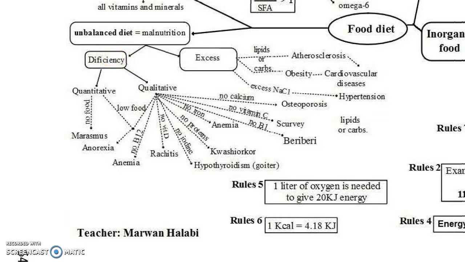The case of deficiency first can affect the quantity of food taken, such as the case of marasmus. Marasmus means no food is taken. In some cases, when people don't have enough food or money to get food, they will suffer from marasmus.